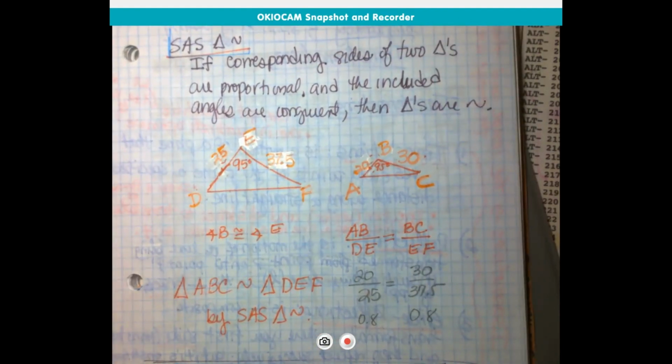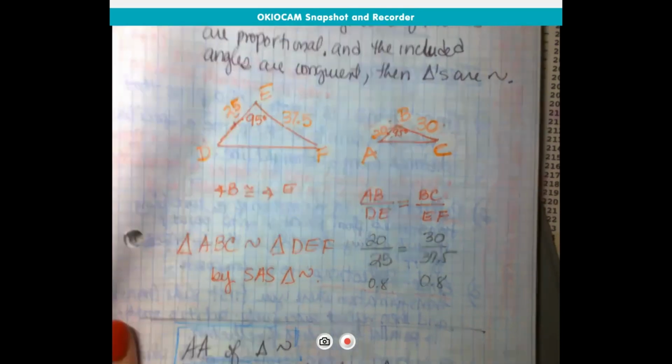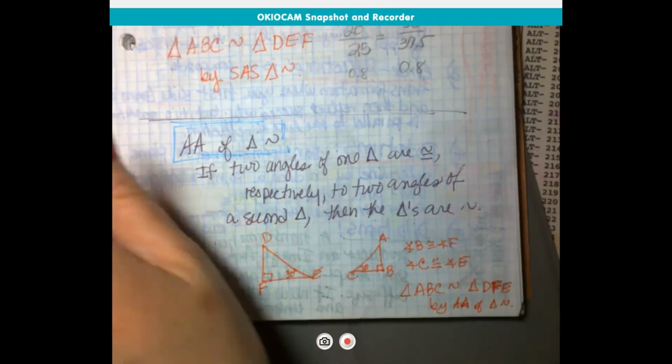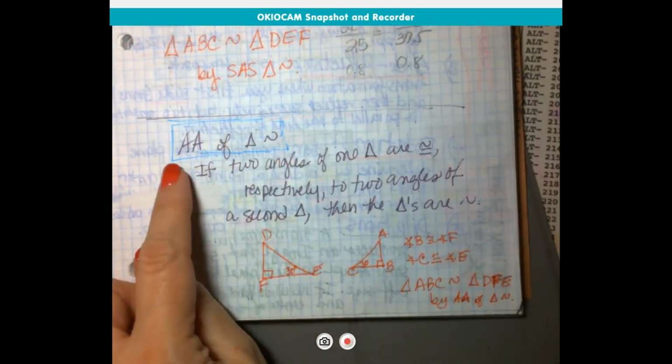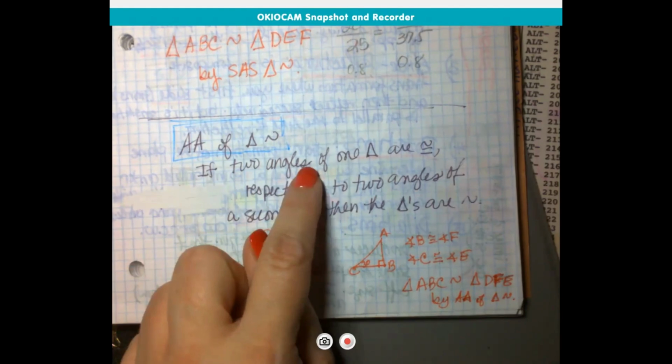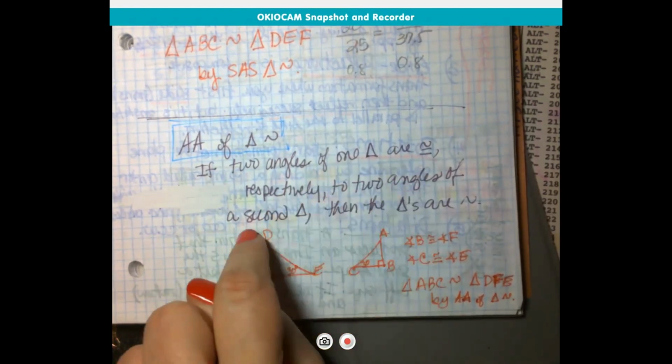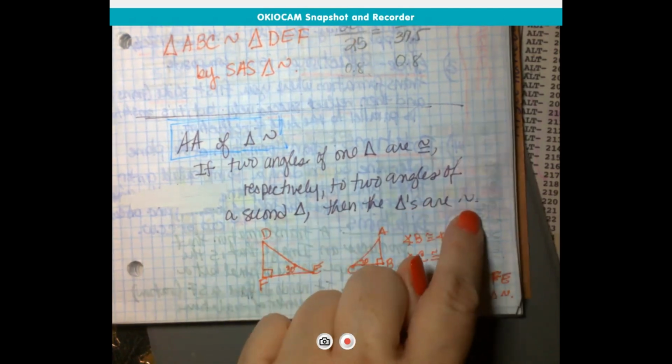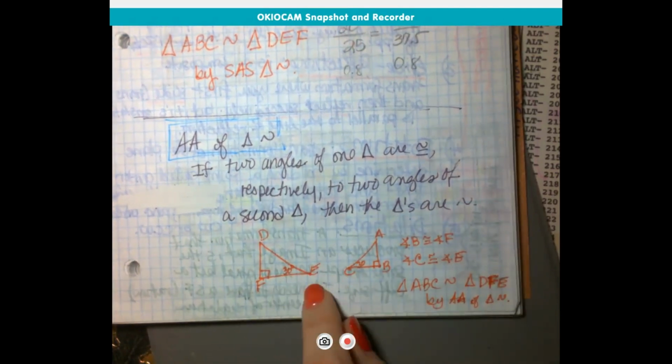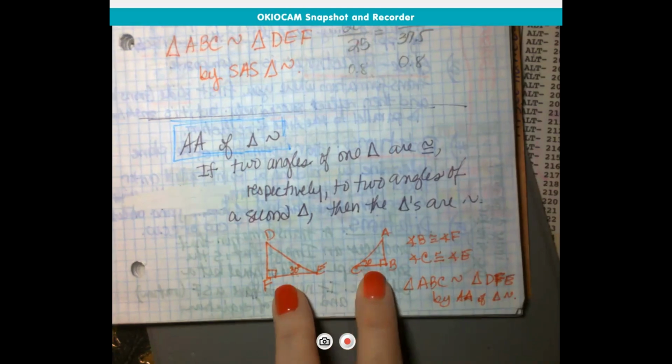And then the last one for similarity is the angle. We don't have that one in congruency. We just have it in similarity. So the theorem says if 2 angles of one triangle are congruent respectively to 2 angles of a second triangle, then the triangles are similar. So here you go. Now I drew right triangles here, but they don't have to be right triangles.